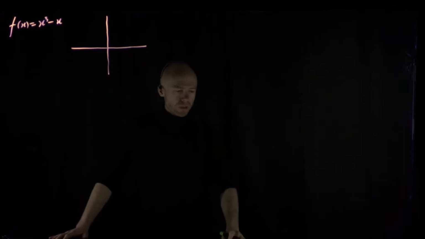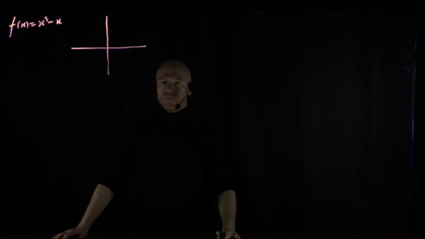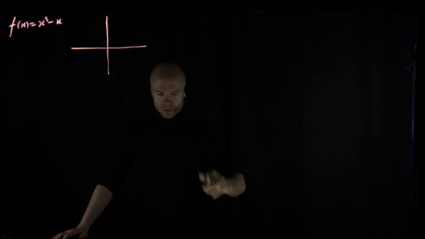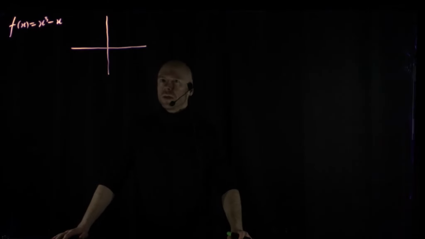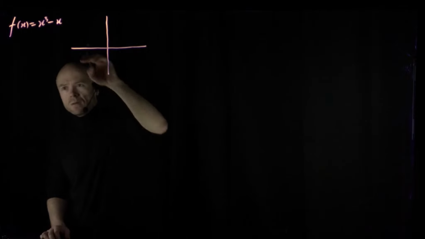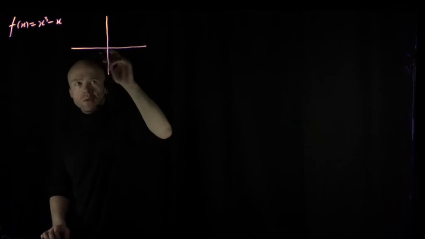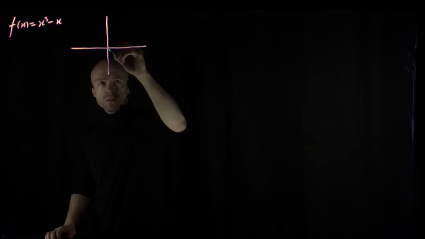If we have x is whatever, 1 over 4, then x to the power 3 is 1 over 64, right? A lot smaller than that. So initially, as we increase x, it's actually going to go down. And then when x equals 1, it's going to be 0, and then it's going to increase. So it's going to look like this.